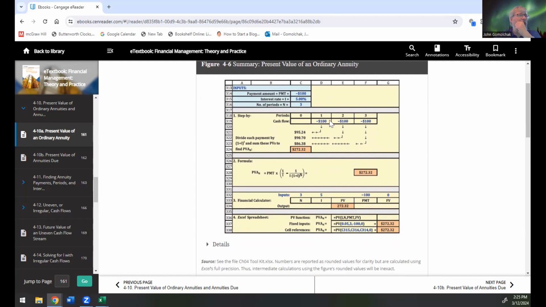We knew that if we made these payments and put that into the future value, we'd find our future value, but anyhow, doing it backwards, we have that $100 payment, bring it back.